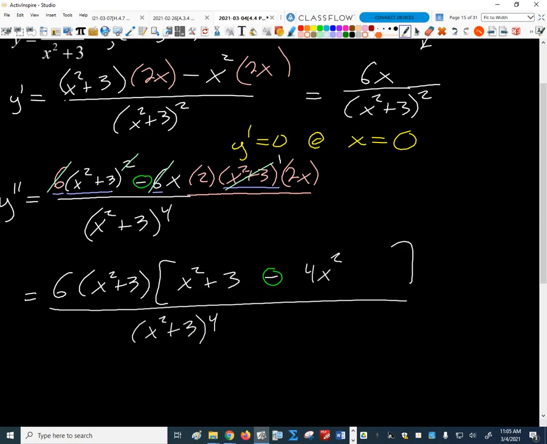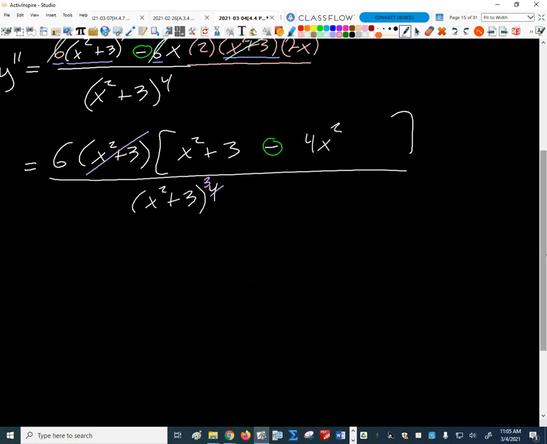And then on the bottom, I've got an x squared plus 3 to the fourth. Well, one thing we can see is, look, we've got a common factor on the top and the bottom that I can also cancel. I can cancel that guy and make that into a 3, right? And so I end up with y double prime equals 6. That's gone. I could compress this all into a single factor.